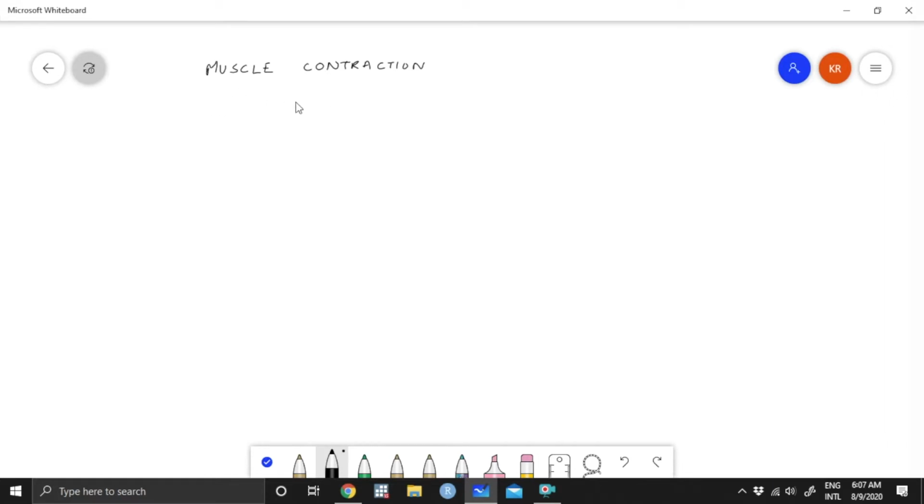So, as we can see in the name itself, the important property of muscle is written. That is, muscle is contractile in nature. If a nerve, for example, is excitable in nature, muscle is contractile in nature.